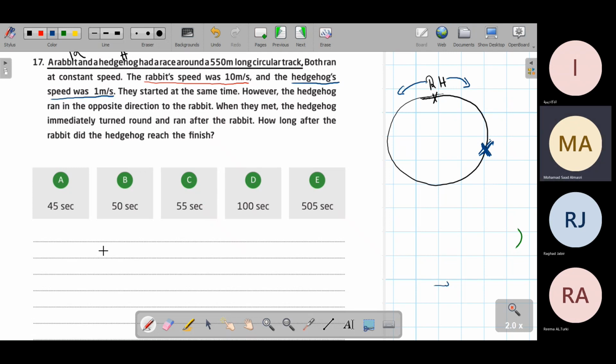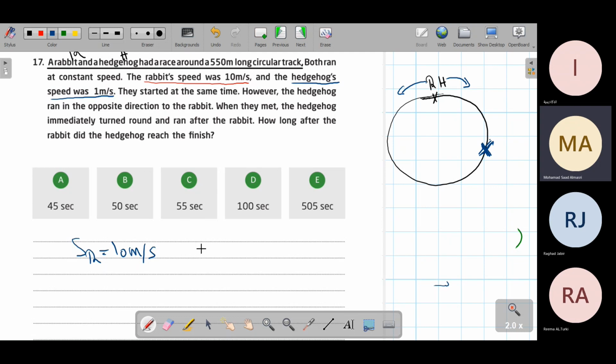The speed of the rabbit, SR, equals 10 meters per second. I want to know where they meet each other.